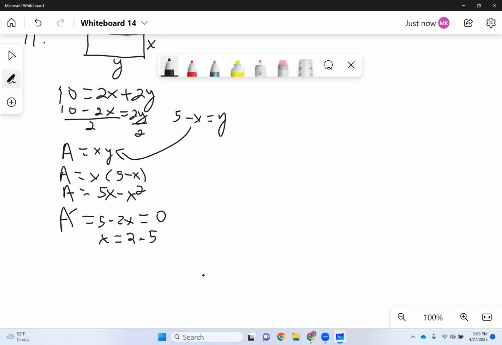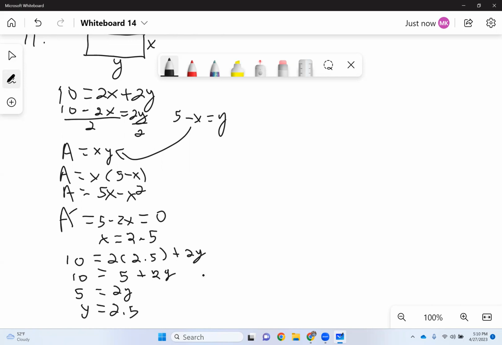Now, if the perimeter is 10, we have 10 equals 2 times 2.5 plus 2y. 10 equals 5 plus 2y. Take away 5, we get 5 equals 2y, so y is 2.5. The dimensions of the rectangle are y equals 2.5 and x equals 2.5, so it's actually a square. Okay, great, that was number 11.